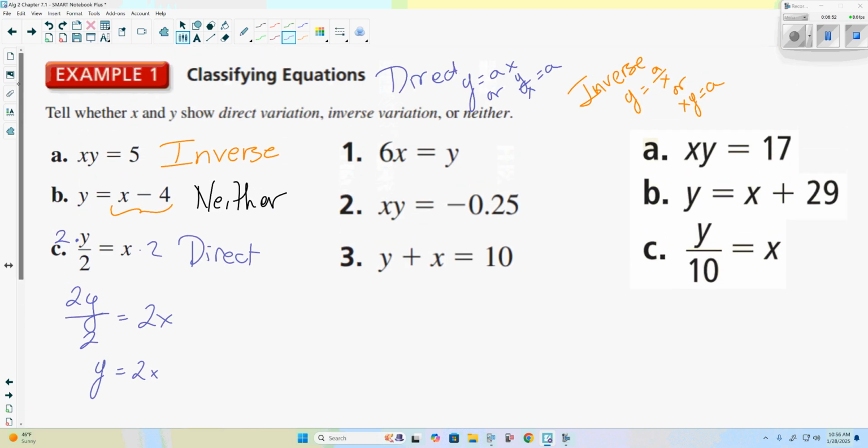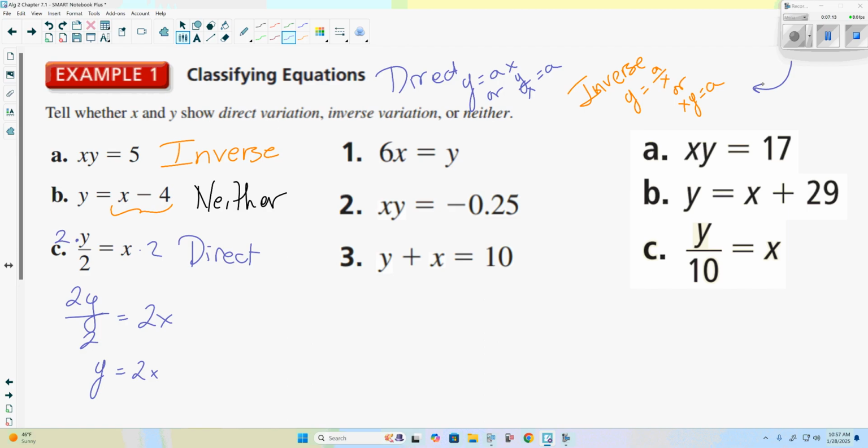If both variables are in the top and not being multiplied together, we're looking at direct. One's on top of the fraction, one's on bottom. On opposite sides, it's most likely inverse. But again, with identifying with the set equation, we're really just looking back at which equation matches with which. Questions on this here?